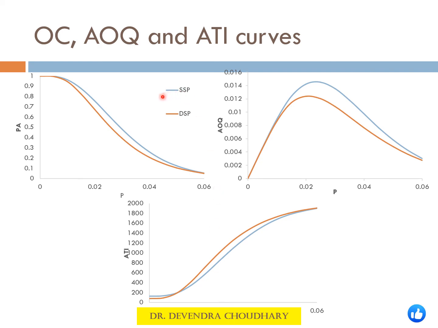Now this blue line in all the three curves is for single sampling plan, whereas this brown curve is for double sampling plan.